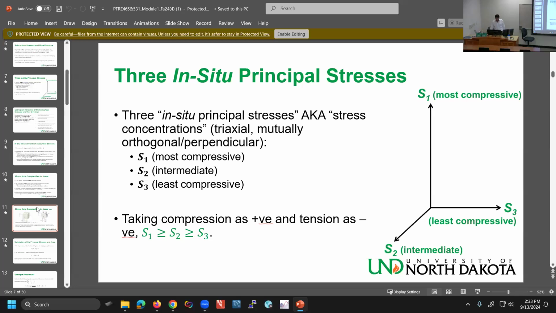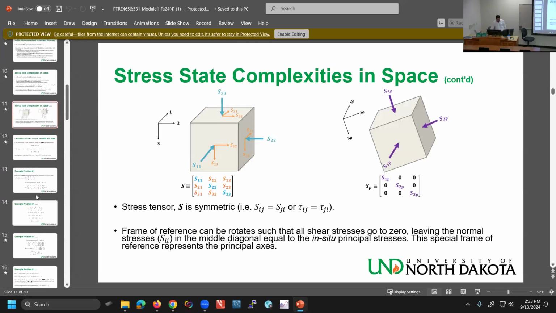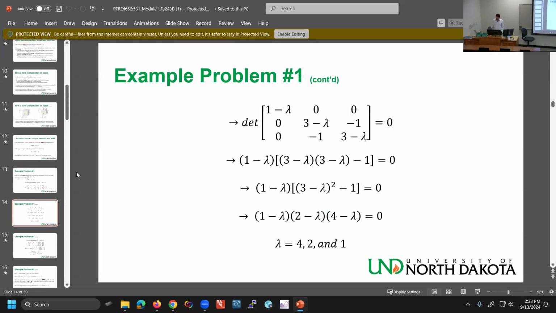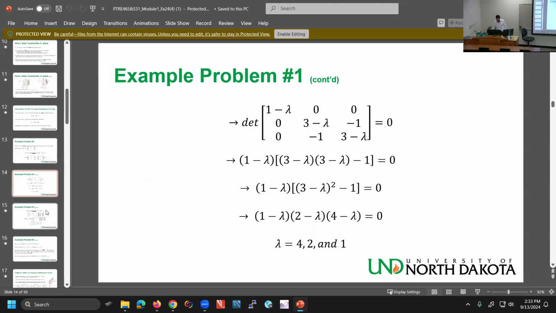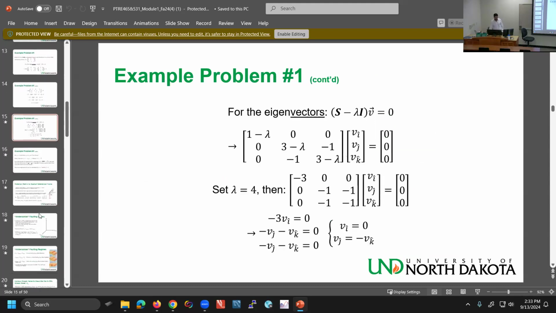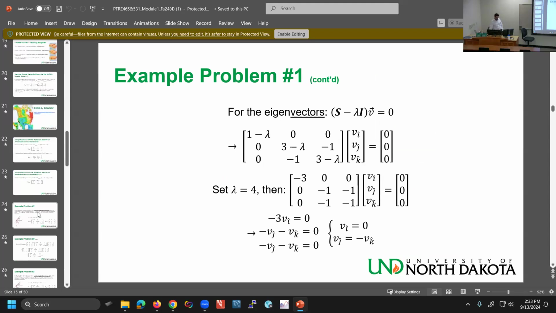Okay, last time we wrapped up what we learned about eigenvalues, eigenvectors, and then rotation of coordinates.